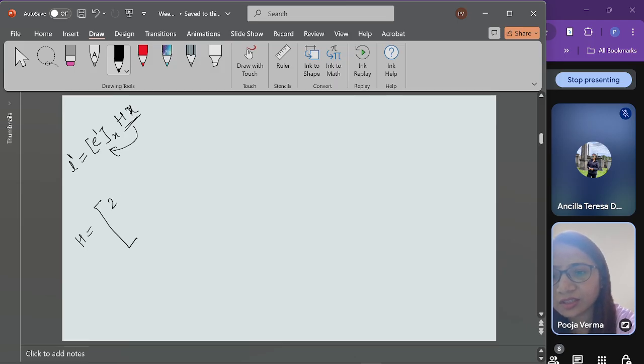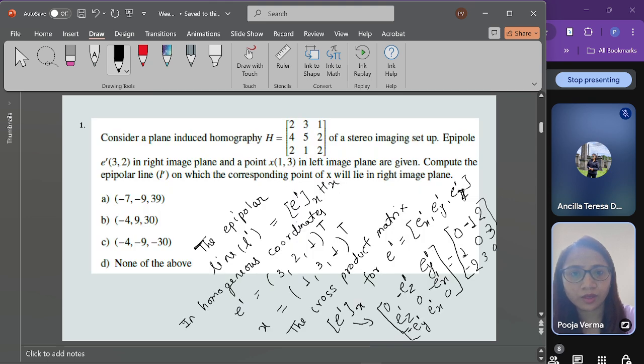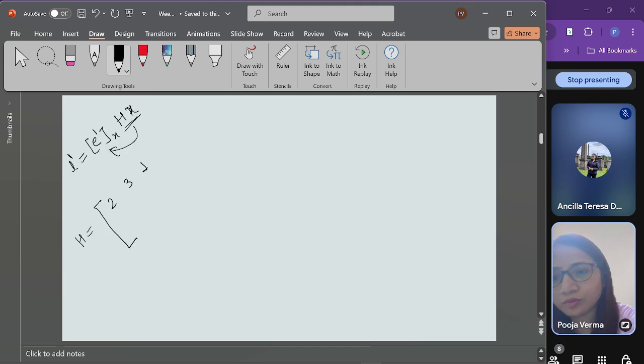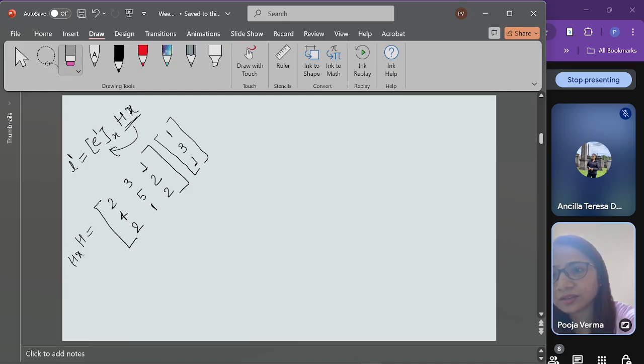It is 2, 3, 1; 4, 5, 2; 2, 1, 2. And the point in the left image plane that we have got is 1, 3, 1 in homogeneous coordinates. So here we can write it as H into X.